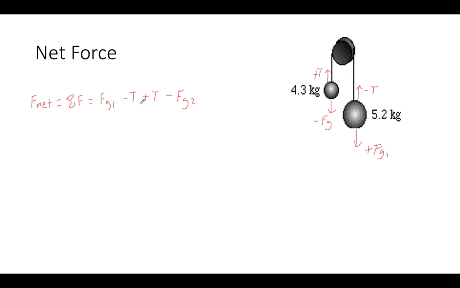So in this case, the tension forces cancel because they're equal and opposite. As you saw in the previous presentation on tension forces, they're equal and opposite because of Newton's third law. And so our equation just reduces to Fg1 minus Fg2.